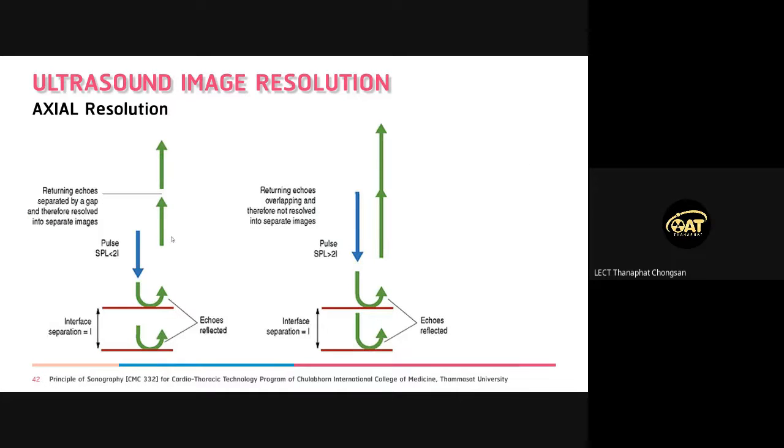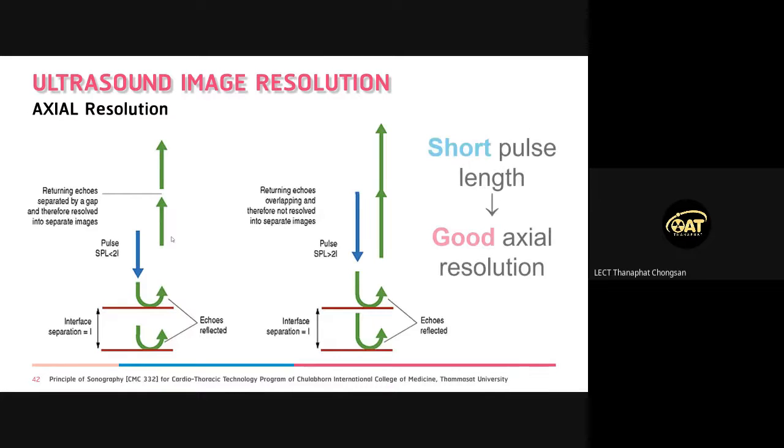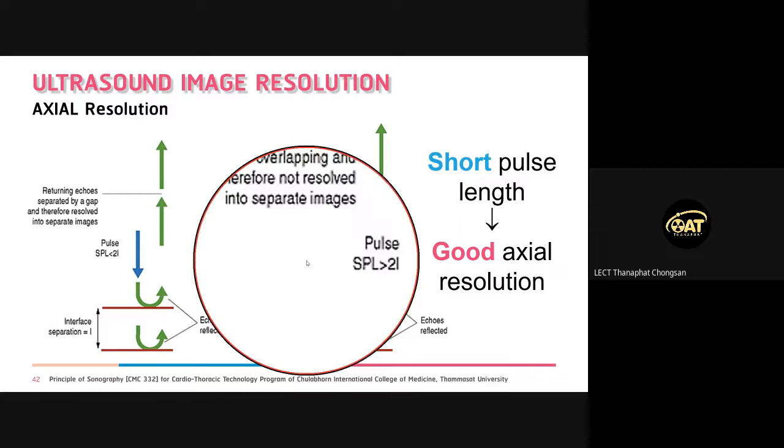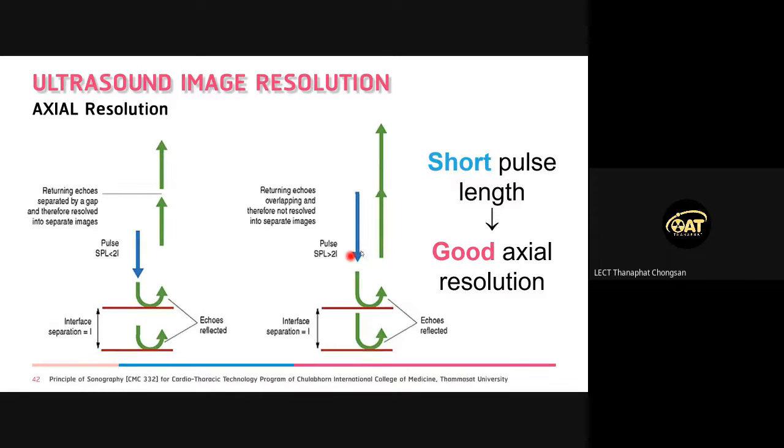We can improve axial resolution by using a short pulse. A short pulse of ultrasound can reduce the signal overlapping effect. If we use a long pulse, this effect can occur in the reflected beam, and the signal from one reflection can overlap another.